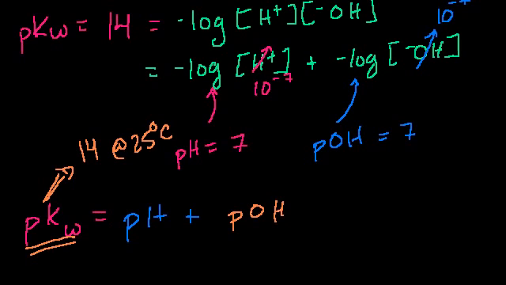So with all of that out of the way, let's think about what happens if I throw some acid into water, let's say I have some hydrochloric acid. I'll use colors more creatively. So I have some hydrochloric acid. It's in an aqueous solution.